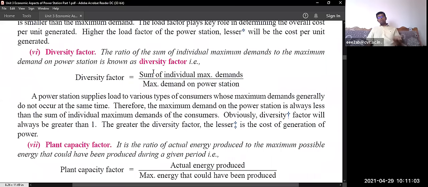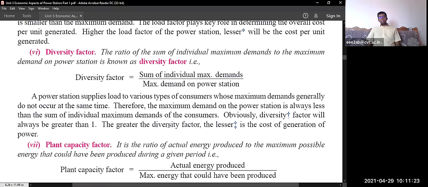We add up the sum of individual maximum demands divided by the maximum demand of the power station. So obviously the diversity factor will be greater than 1.